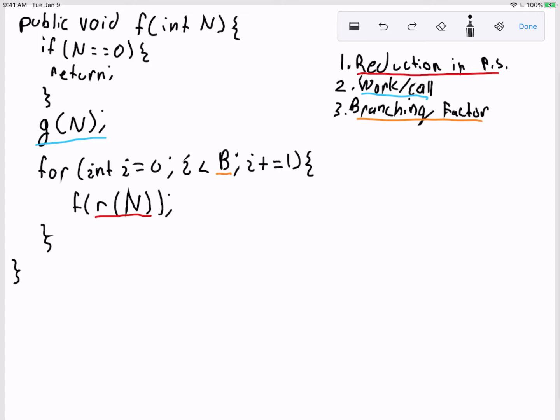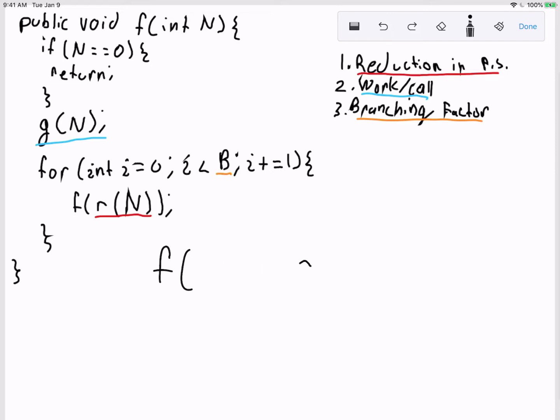Now let's look at the reduction in problem size. They might not call a function R. Commonly, for the recursive cases, they'll just do f of n over 2, or maybe f of n minus 1. They don't actually call a function, but you can wrap it in its own function when you do your analysis. So that's those 2 things.